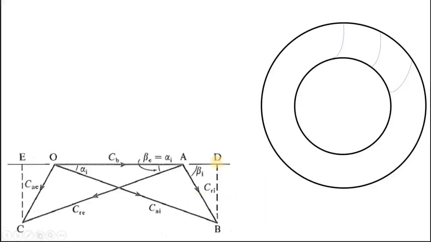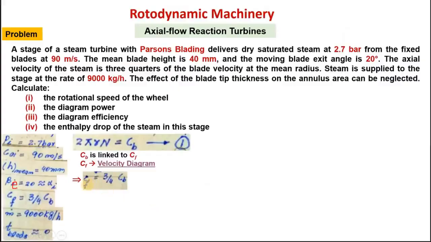And for 50% reaction turbine, CFI means dB is equal to CFE, which is EC, right? So there is no change in flow velocity for 50% reaction turbine.